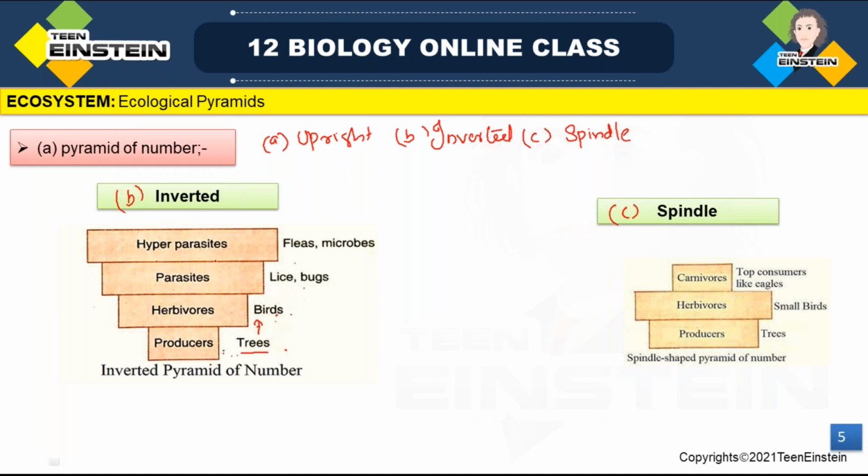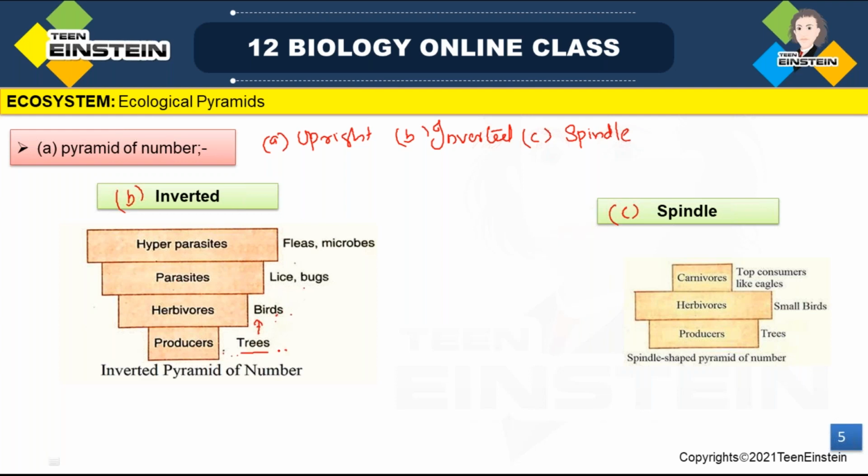Then on these parasites, hyperparasites, microbes, that number will be more. So in an inverted pyramid, you can see at the bottom level producers, then herbivores, then parasites, hyperparasites.